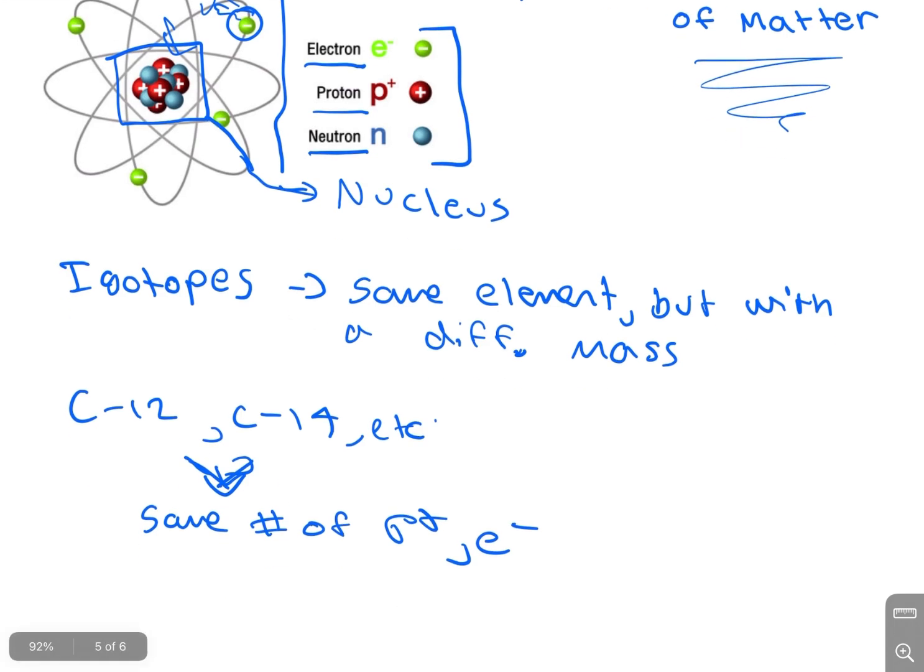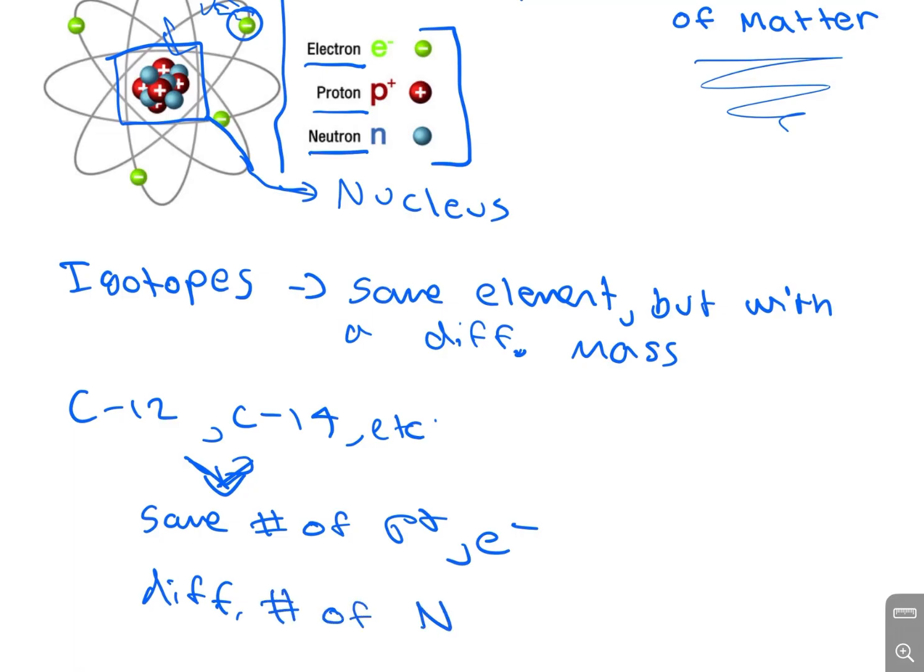However, as we talked about before, neutrons are neutral, and we change the number of neutrons to change the mass of an element or atom. Since the mass of C12 and C14 is the only difference, that means there's a different number of neutrons.